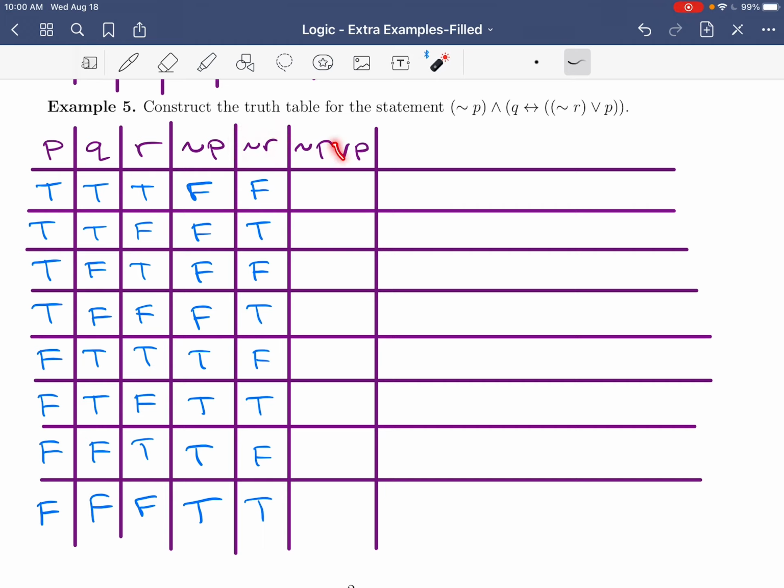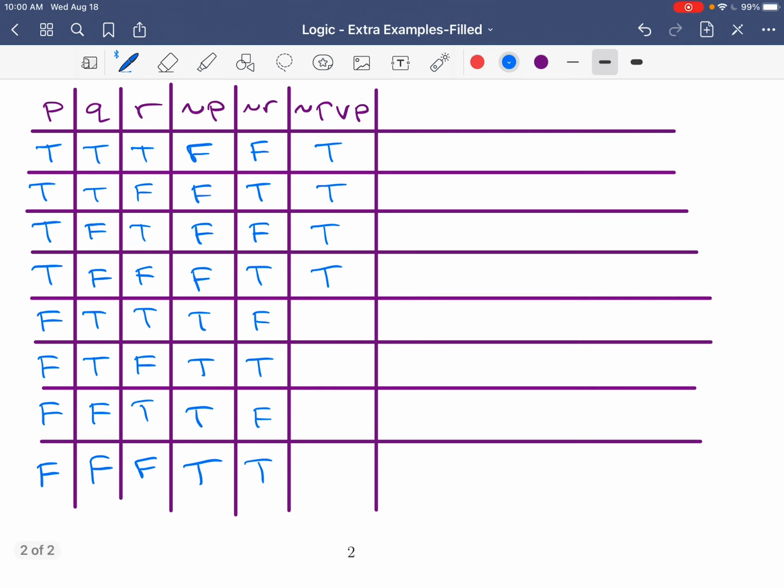And remember, or is only false when they're both false. So in the first 4, I know P is true, so I know this is true right away. And then down here, not R is false, and P is false. Then I have not R is true, and then not R is false, and P is false, and then here not R is true. So that's enough.